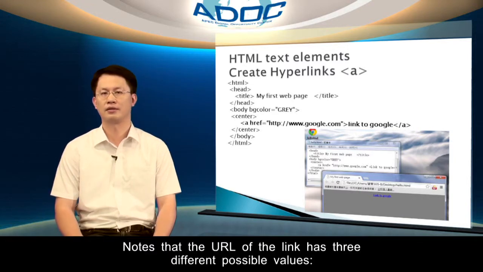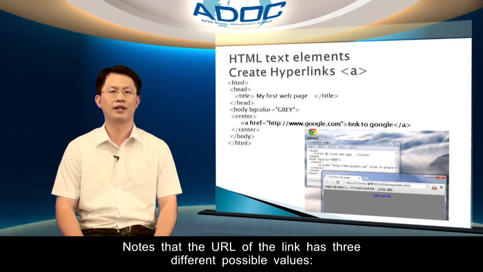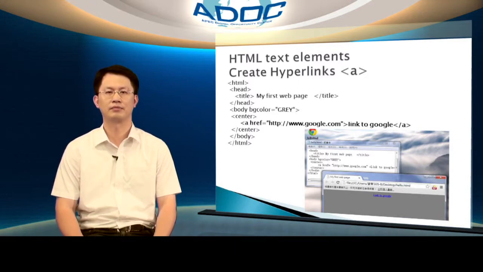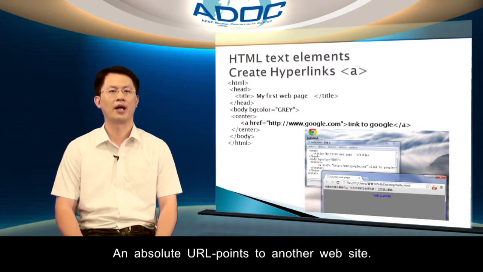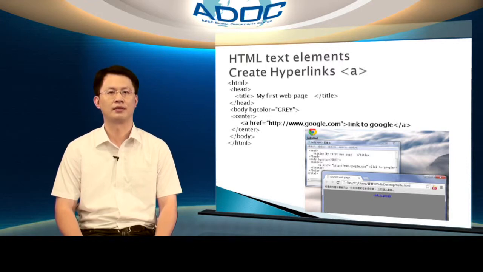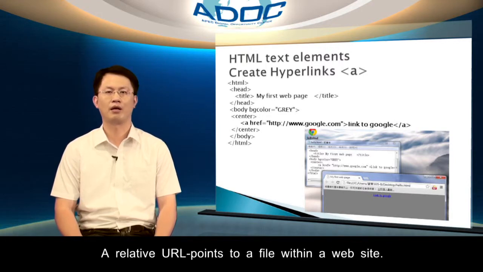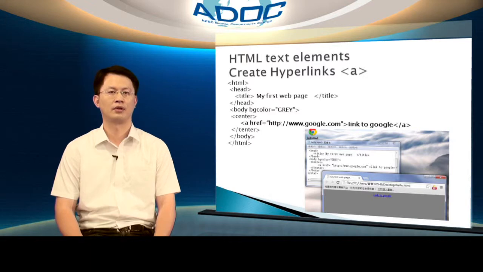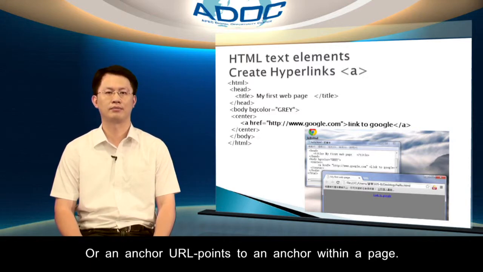Note that the URL of the link has 3 different possible values: an absolute URL, which points to another website; a relative URL, which points to a file within a website; or an anchor URL, which points to an anchor within a page.